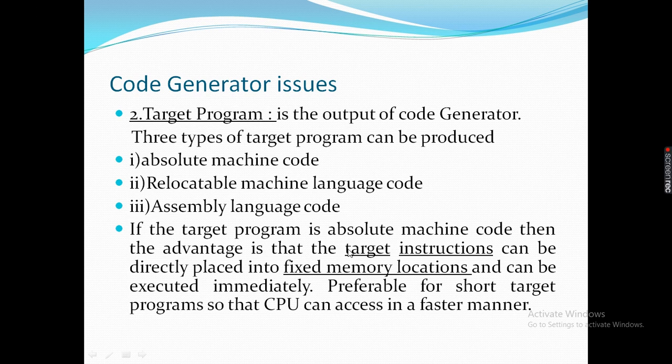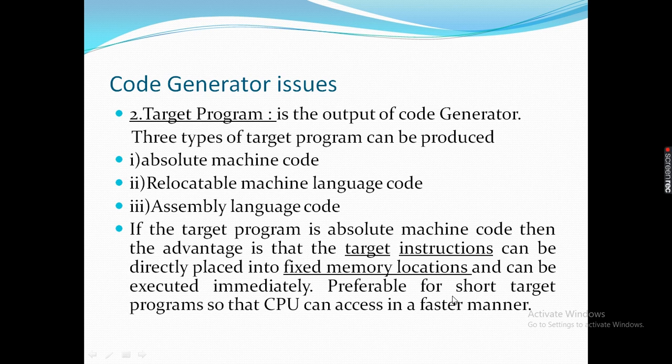If the target program is absolute machine code, then the advantage is that the target instructions can be directly placed into fixed memory locations and can be executed immediately.